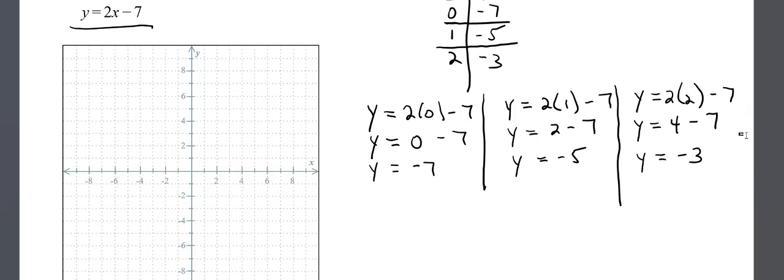So the first point is (0, -7). Our second point is (1, -5). And our third point is (2, -3). So notice they're all on the same line. So now you would connect these points with a straight line, keeping in mind this line goes on forever.